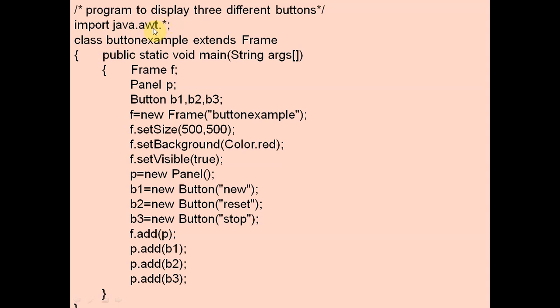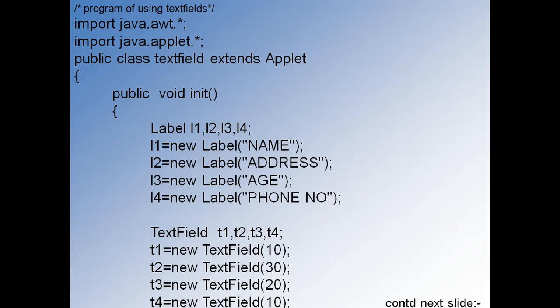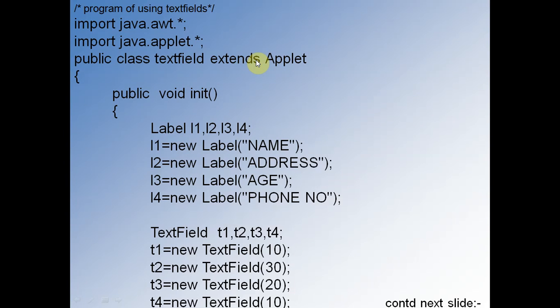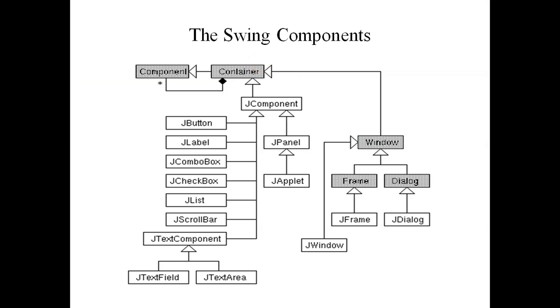We are importing the AWT package, and then we have class ButtonExample extends Frame. With the help of the frame container, the AWT components will be fixed inside the frame. In the previous program we extended Applet, and in this program we are using Frame. So we are storing the elements on an applet as well as a frame.